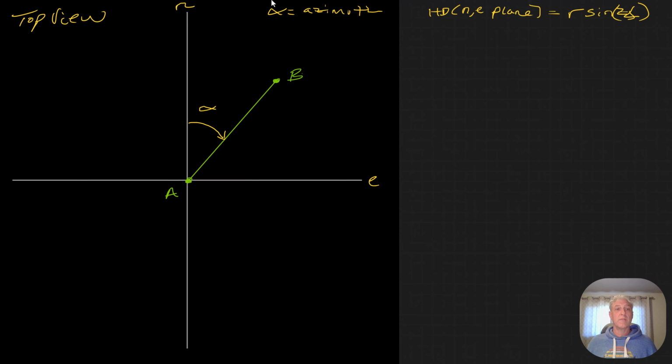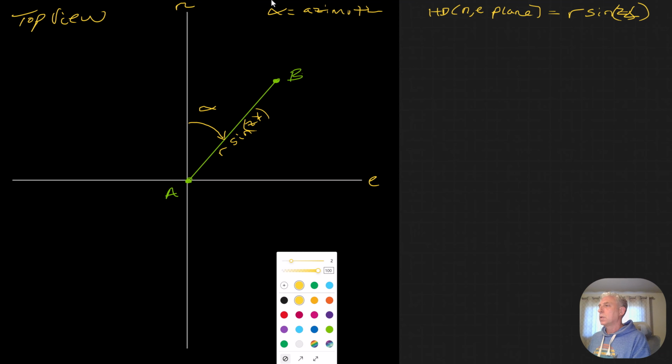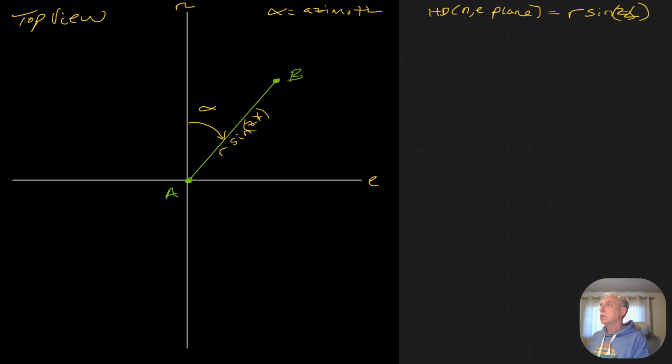And what is the length of our line? Well, that's our horizontal distance. So that is our R sine zenith angle. Just rehashing what we've done a million times. So we have a couple of values we're interested in when we do this, right?